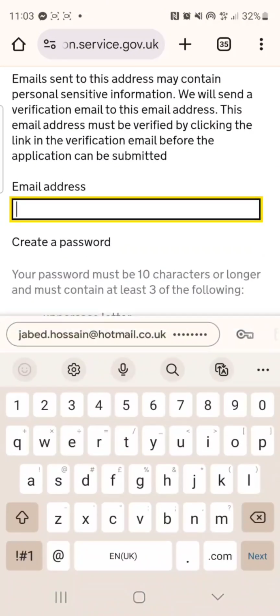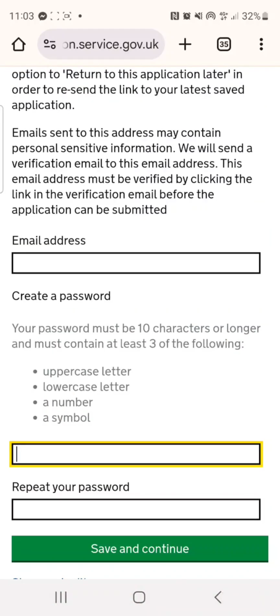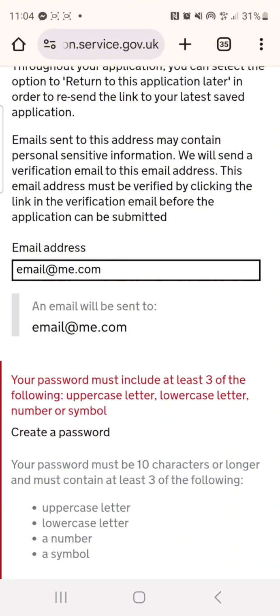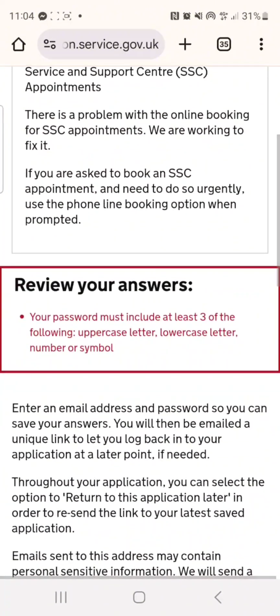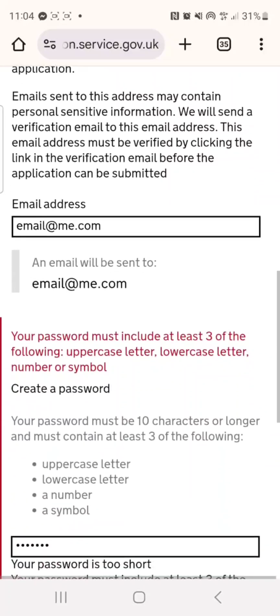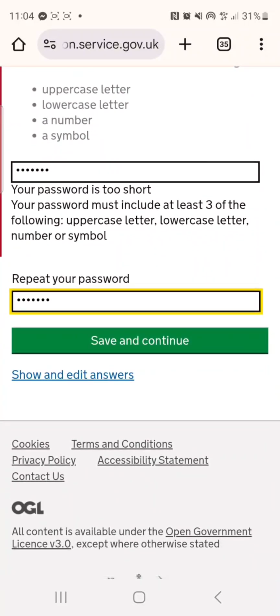Register with an email. Now you can register with an email address. So in this box you leave your email address and set up a password to continue.